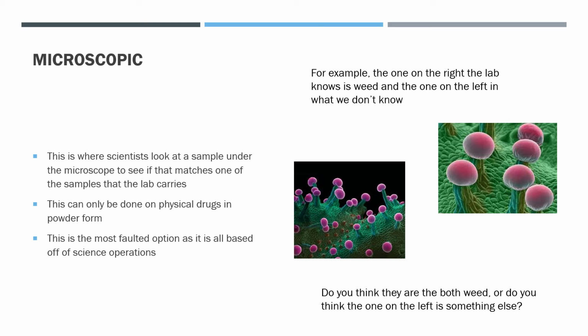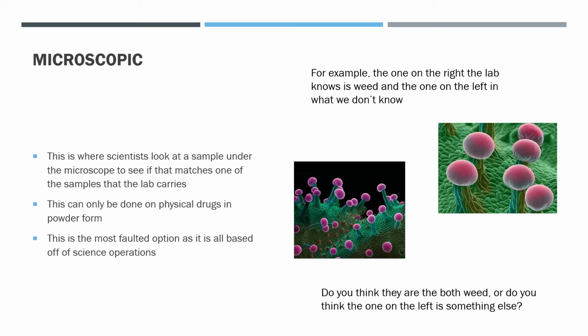So on the right here I have an example. We know that the right one is weed. That was our standard that we had in the lab. So then the question is, is the left one weed?